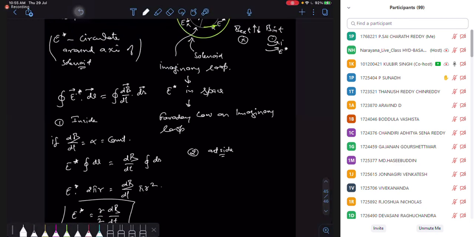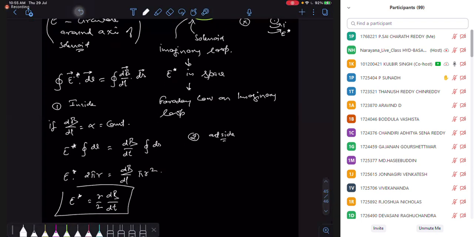If you are outside the solenoid, the only change here is that my flux is up to the full radius. That's it. There is no further change here. If you are outside, then what is the area? Flux is only up to my capital radius. If you are inside, my flux is up to the small radius.